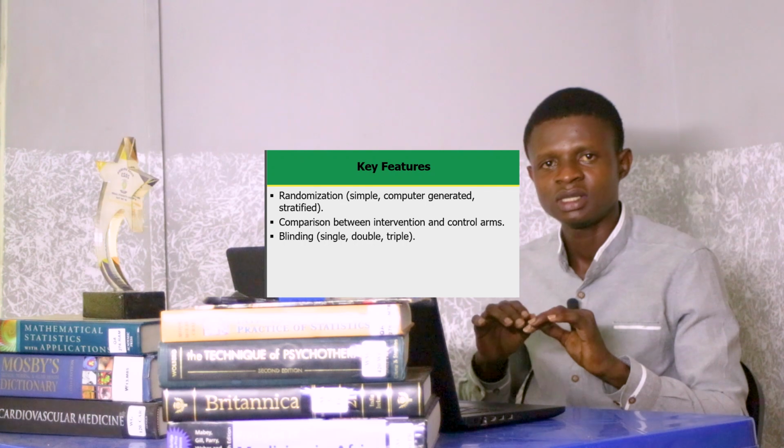You type their names in the machine, and then you ask the machine algorithm to randomly group them into two, which one will be the intervention group, the ones that will be given the heavy duty car, and the others that will be given the saloon car.